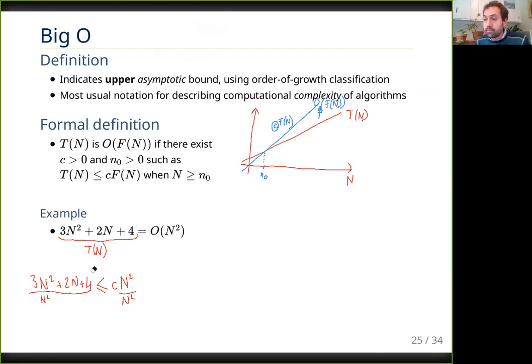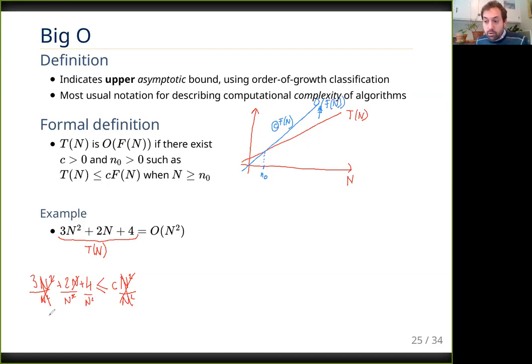We divide this by n squared and we divide it by n squared. And now we simplify. That goes away, that goes away, and this thing stays like that.